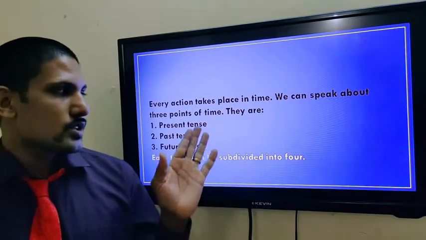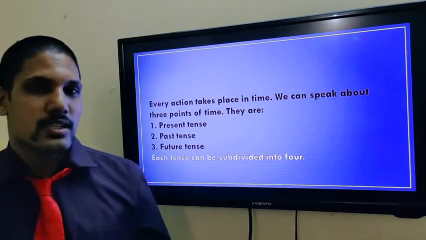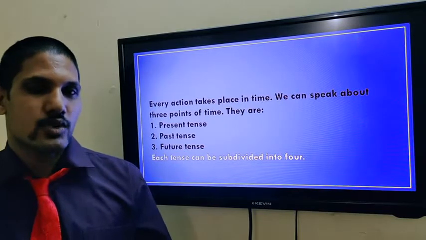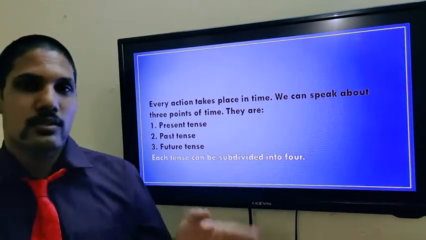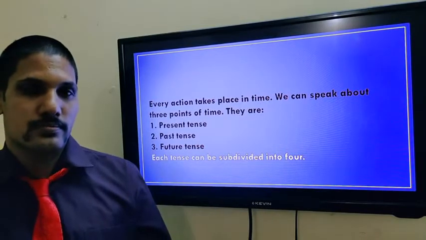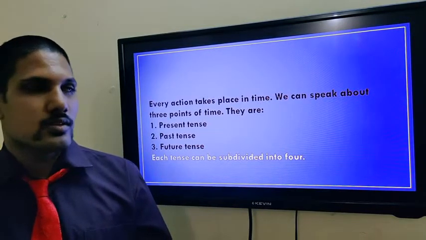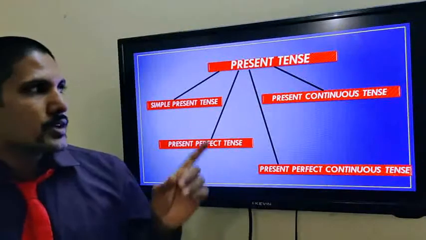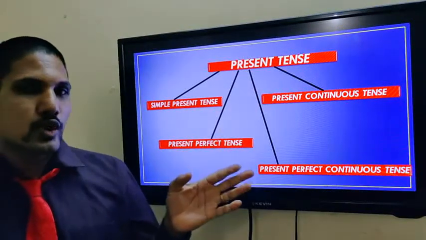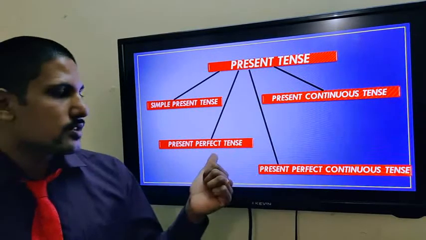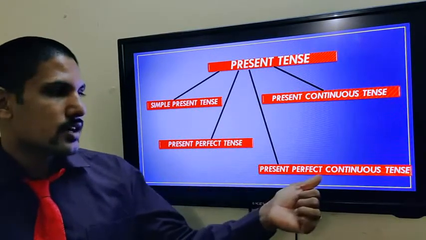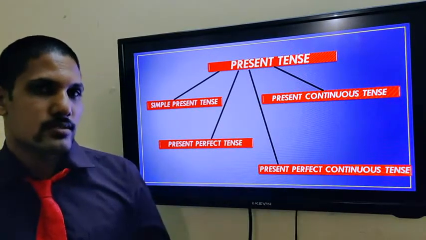Tense is divided into three: present tense, past tense and future tense. Each of these tenses is again subdivided into four. Present tense is divided into four: simple present tense, present continuous tense, present perfect tense and present perfect continuous tense.